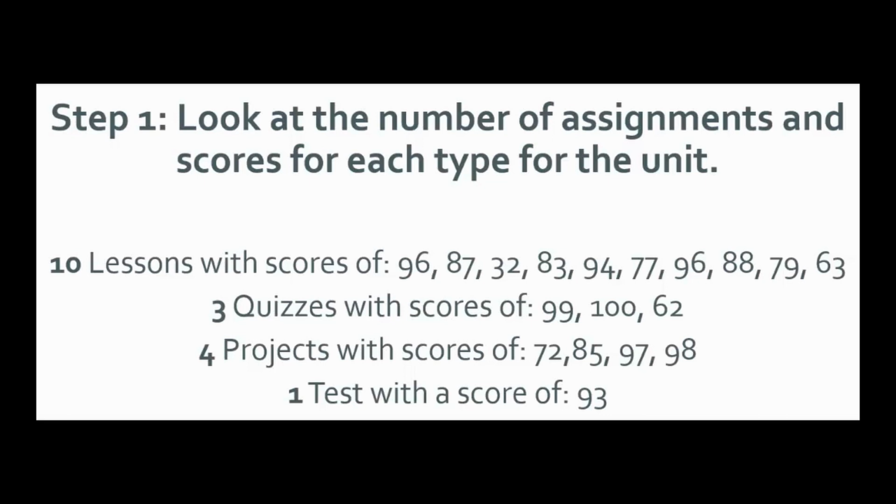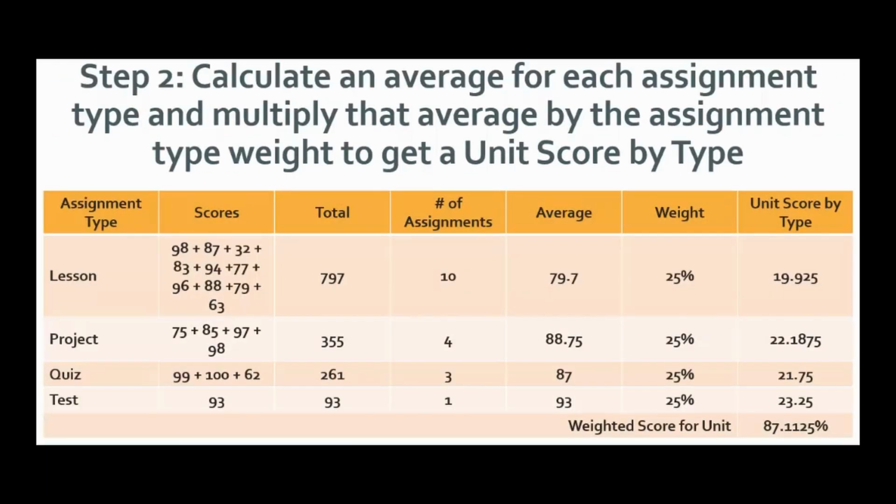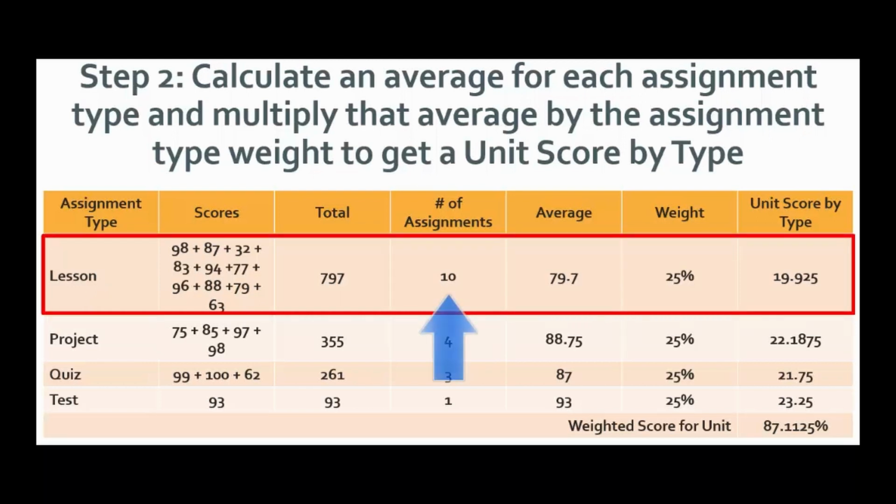of 93. In step 2, Ignitia is going to calculate the average for each assignment type and multiply that average by the assignment type weight to get a unit score by type. In this example, there were 10 lessons, with their scores earned shown here.